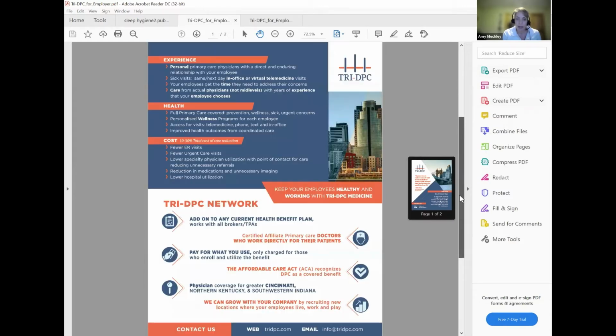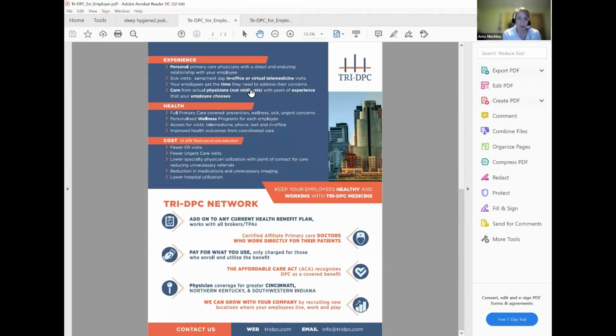It's all docs. And then this is a value proposition. We think their experience is going to be better, their health is going to be better, and their costs are going to be better. So we're trying to think about what the value is for an employer. And all of this is on our website, by the way, which is TRIDPC.com. So it's definitely all out there.